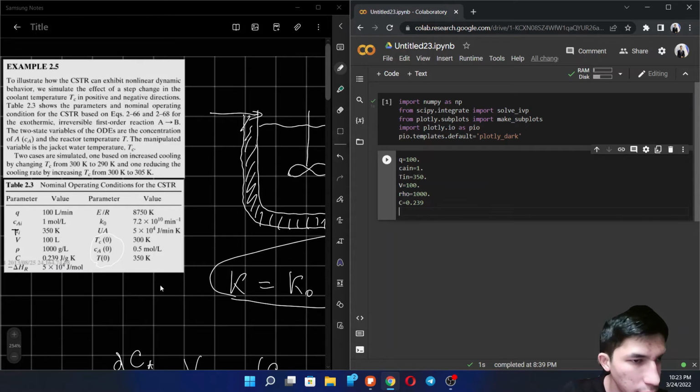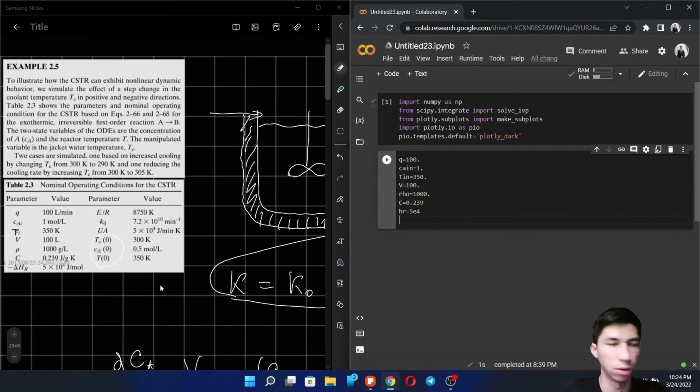And the next one is the enthalpy of our reaction. I'm just going to make it HR, and I'm going to make it 5e to the 4th. Okay, then what else do we have?